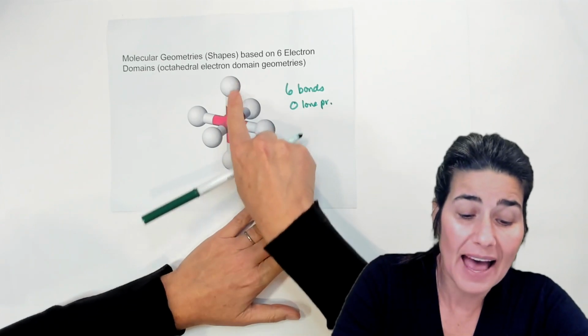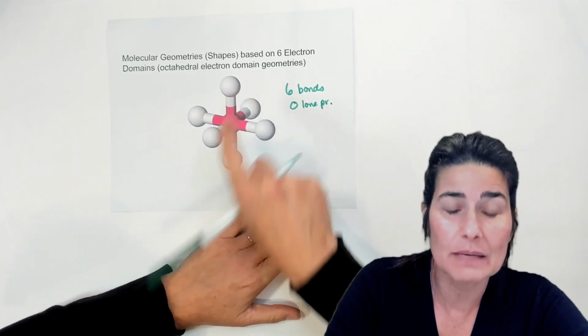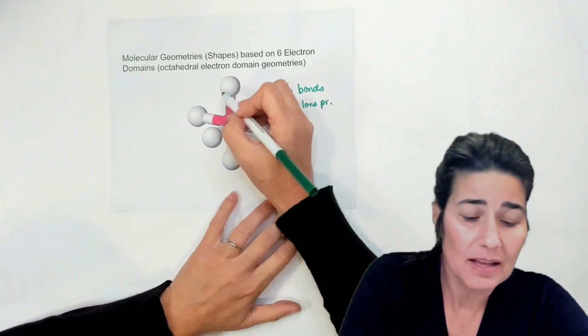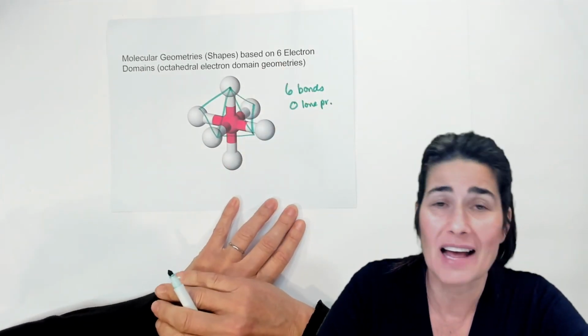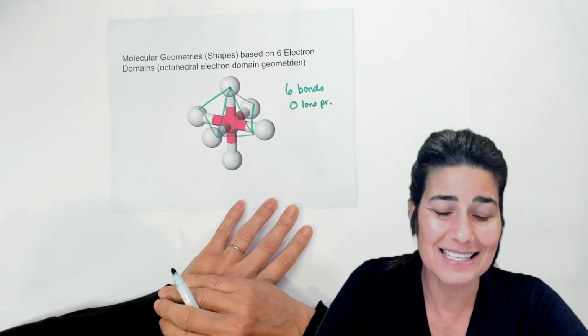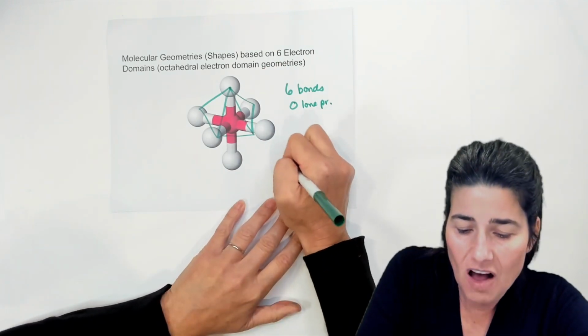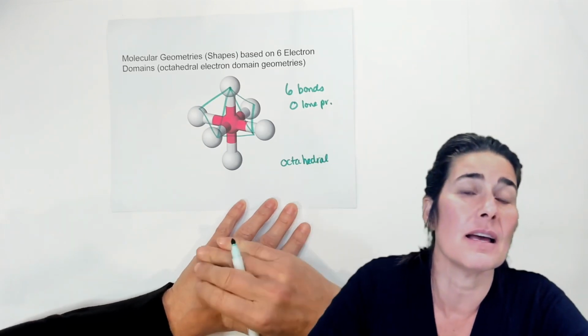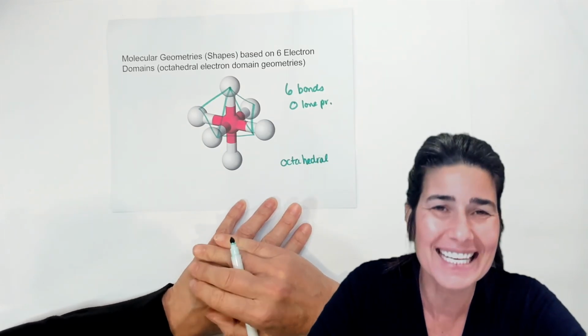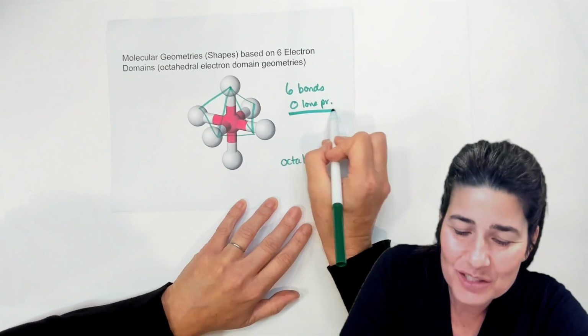We would have a 4-sided pyramid on the top. Let me go ahead and draw that. A 4-sided pyramid on the bottom gives us 8 sides. We call this octahedral. And that is both the electron domain geometry and the molecular geometry, since there's no lone pairs.